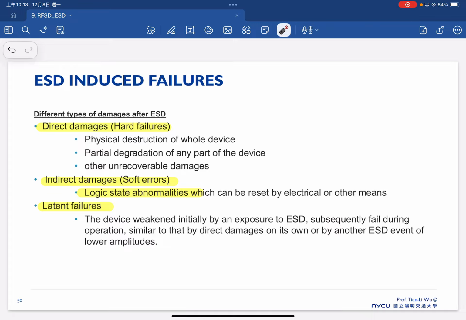The device is already damaged, just not enough to see immediate failure, but after operating for several weeks or several months, you start to see the damage getting larger and larger. In the end that will cause direct damage. So that can also be considered one of the failures in ESD. That's what we call latent failures.